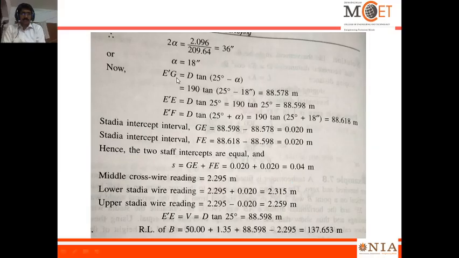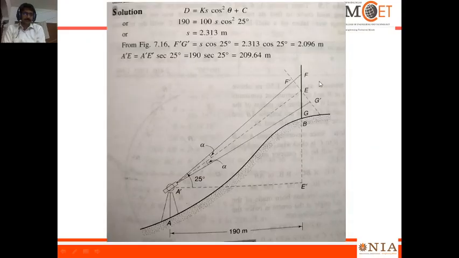E dash G we don't know, so 190 tan 25 degree minus alpha, alpha you have calculated, so you can obtain 88.578 meter. E dash E is equal to, what is E dash E? From here up to this distance, if you subtract both, you will get the gap. If that gap is same, then you can calculate the EF also. That is the ultimate aim.